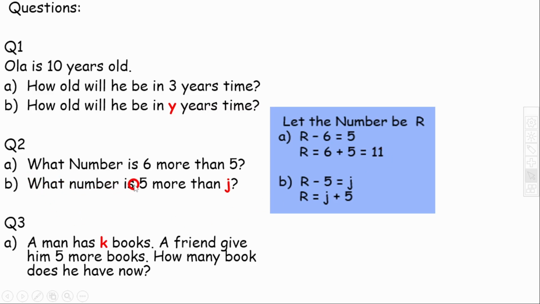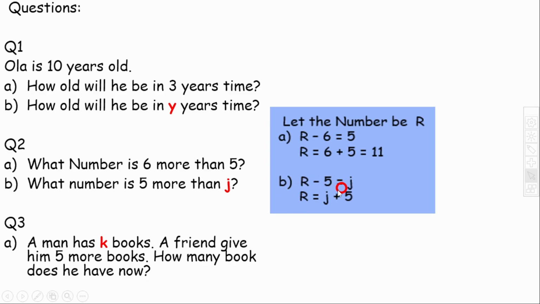What number is 5 more than J? That means R minus 5 is equal to J. So we can rearrange, move this 5 to the other side to cross the bridge so that we can have positive. Or you can even leave it like this.